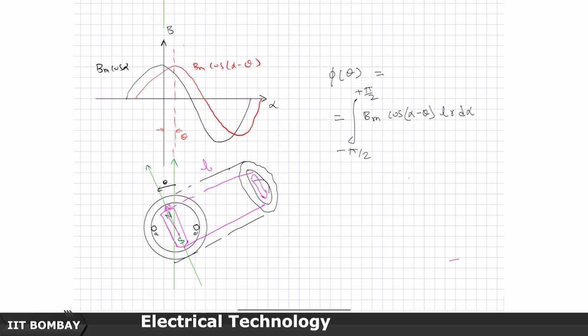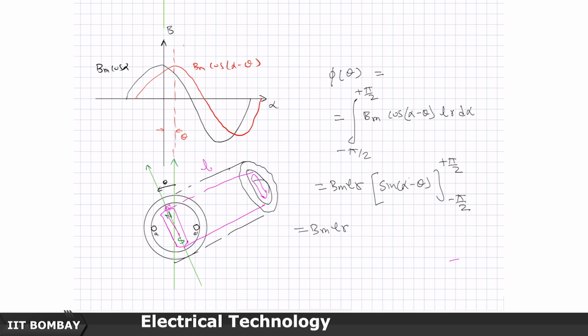So, let us take all the constants out, Bm L r, and integrate cos of theta. Integration of cos is going to be sine. So, it is sine of alpha minus theta, and then put the limits of integration, which is plus pi by 2 and minus pi by 2.